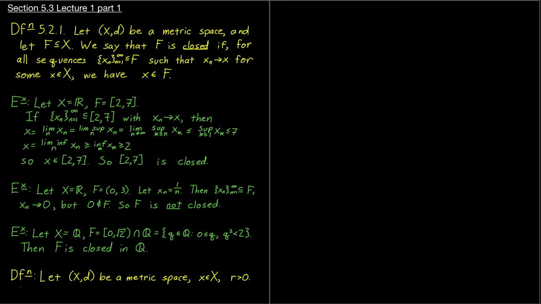Then we're going to write the ball centered at x of radius r. That's the set of all points y in the same metric space such that the distance from x to y is strictly less than r. And what we call the closed ball centered at x of radius r, that's the same thing, except with a less than or equal to.